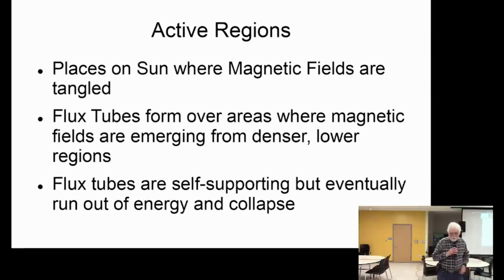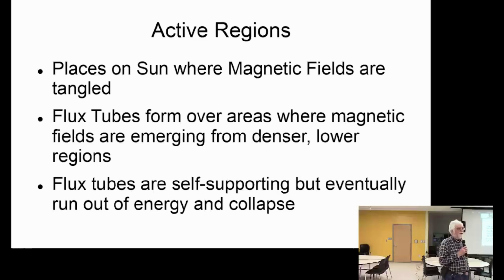So active regions, which is where a lot of these particles come from, are places in the sun where the magnetic fields are tangled. And this happens mostly at solar maximum, but it can happen at any time.